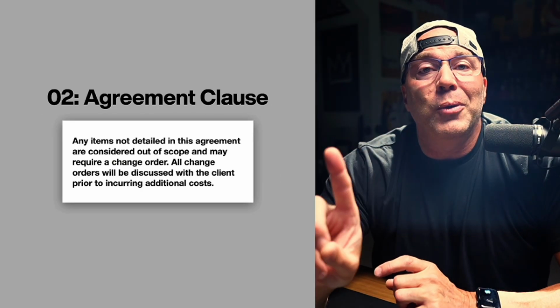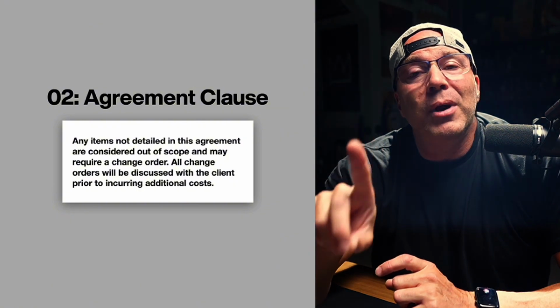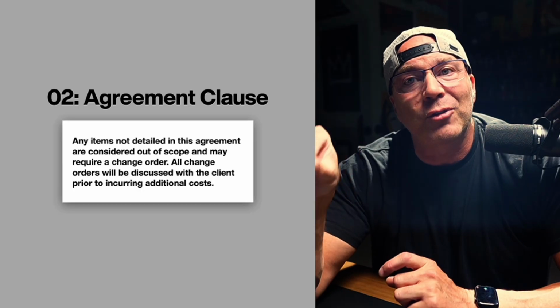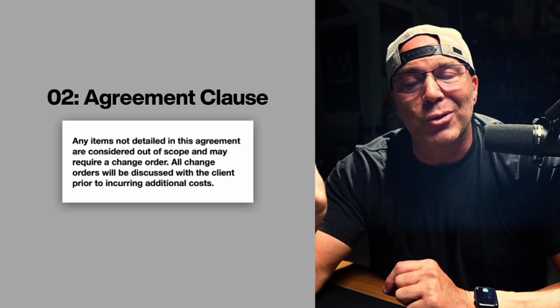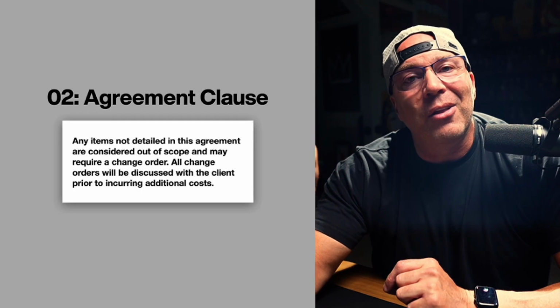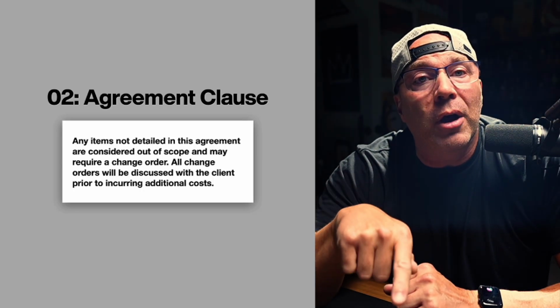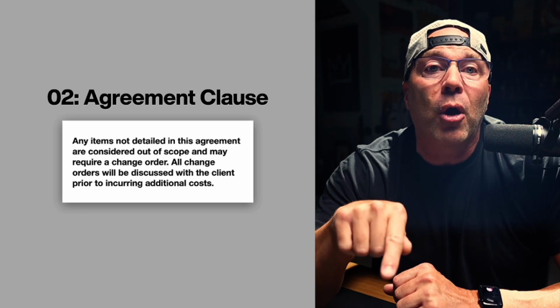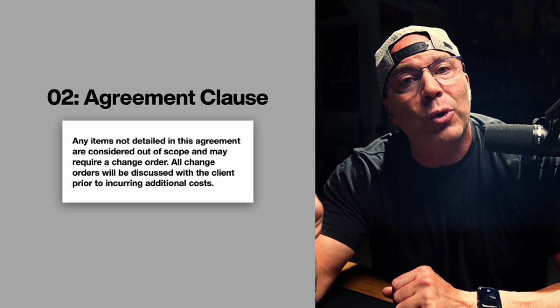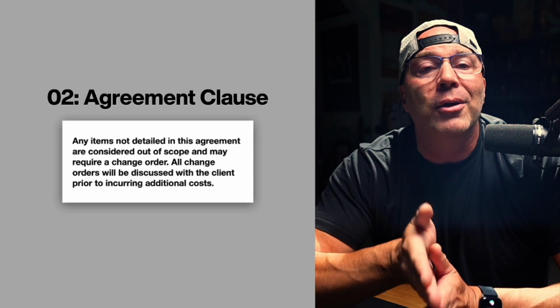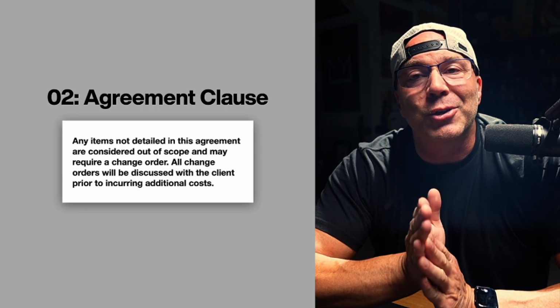In your agreement, you can put in a clause that helps you protect the scope and empowers you to send the client change orders. Any items not detailed in this agreement are considered out of scope and may require a change order. All change orders will be discussed with the client prior to incurring additional costs.